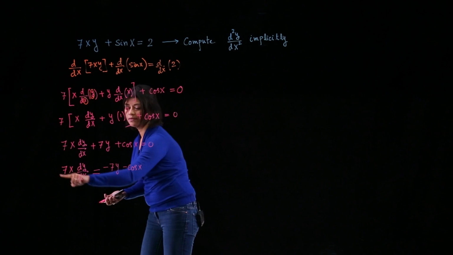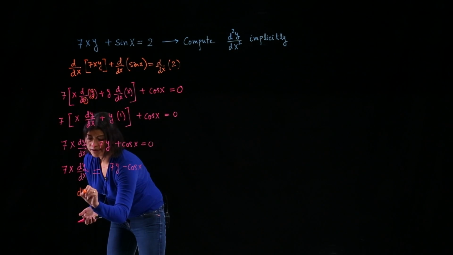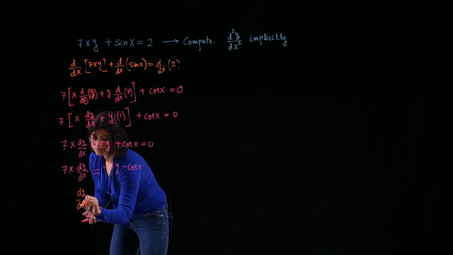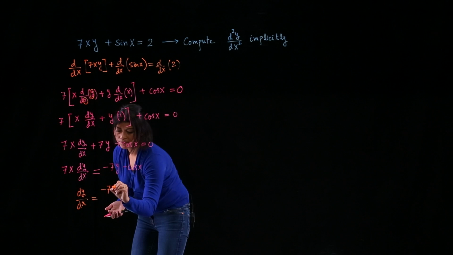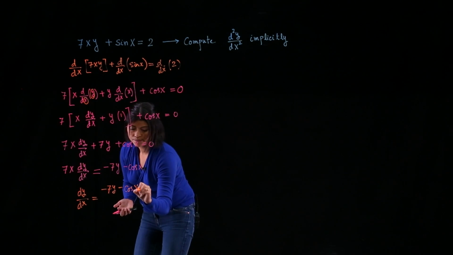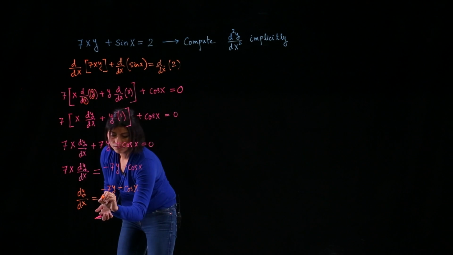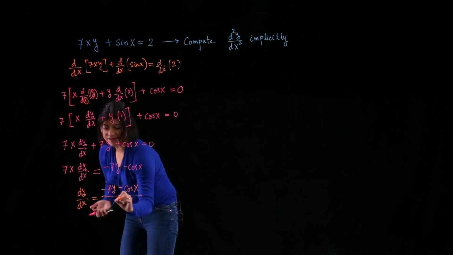Just divide by 7x. So dy dx is equal to negative 7y negative cosine of x divided by 7x.